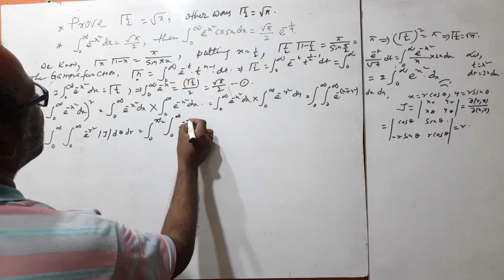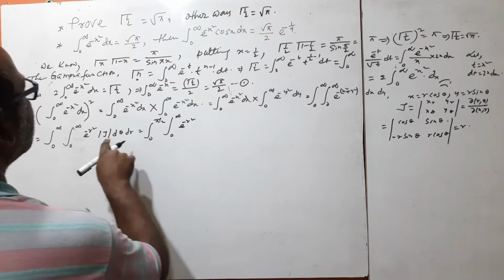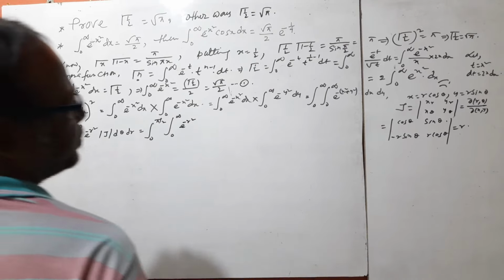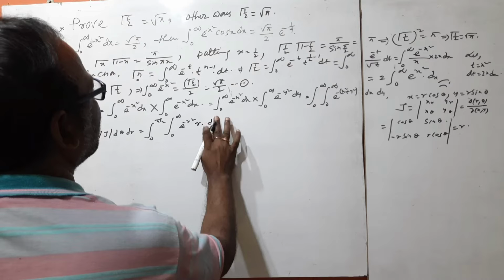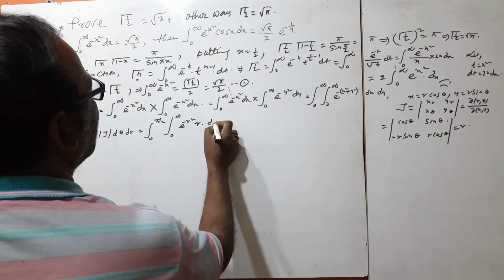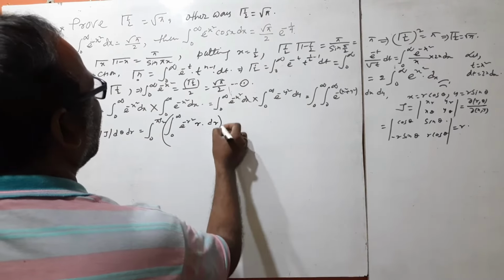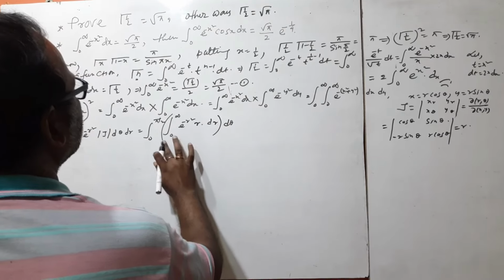This is e to the power minus r square, and the Jacobian factor is r, with dr and d theta.